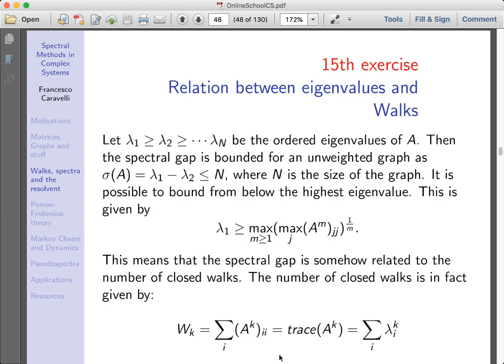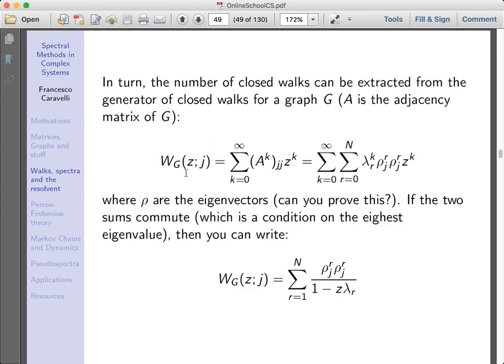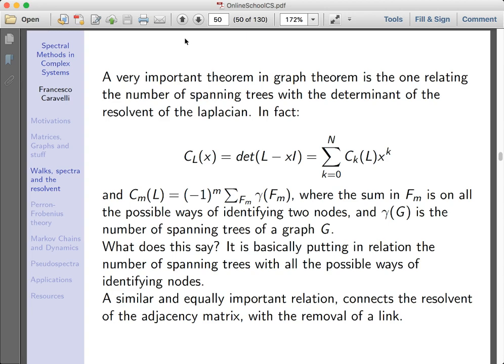This is another way to show that the number of walks is deeply connected to the eigenvalues of the matrix A. And in fact, you can define another generator for closed walks, and you can write a formula which is exactly the one before, the one below, where rho are the eigenvectors of the matrix A.